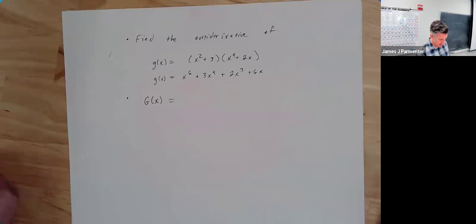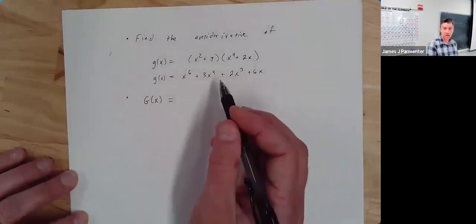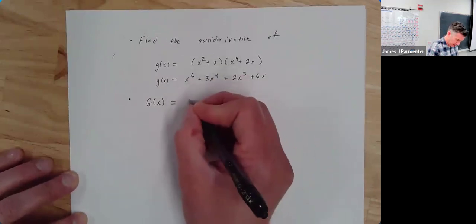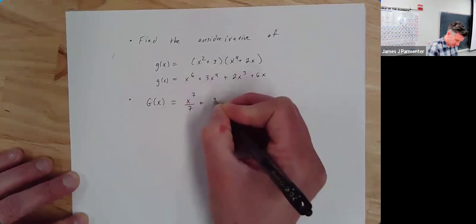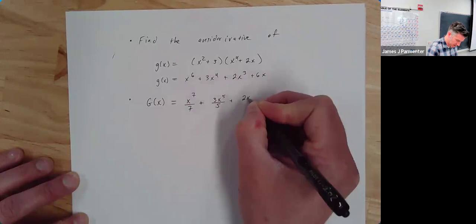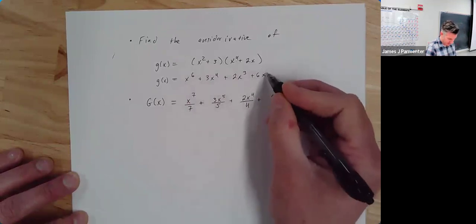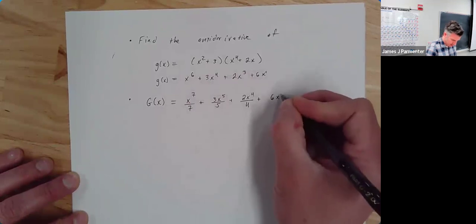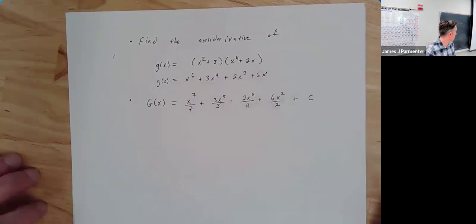And now for each of these separate things, I'm going to use the anti-power rule. I'm going to get x to the 7th divided by 7 plus 3 times x to the 5th divided by 5 plus 2 times x to the 4th divided by 4 plus 6 times, this is x to the first here, so I'm going to get x to the 2nd divided by 2 plus a constant.